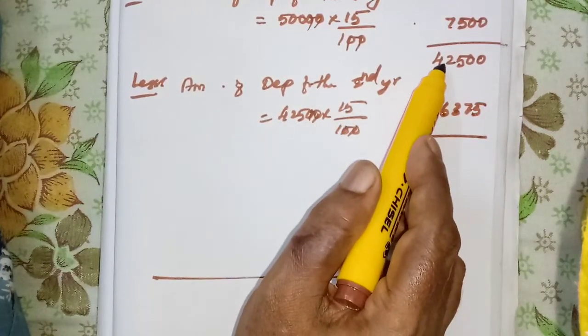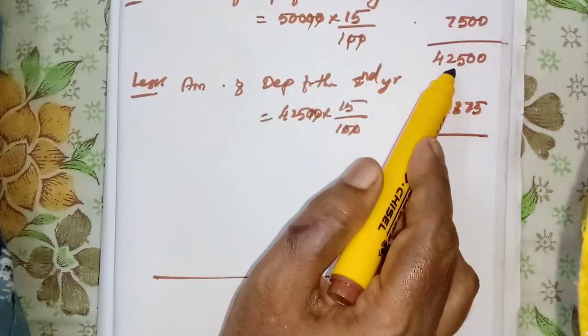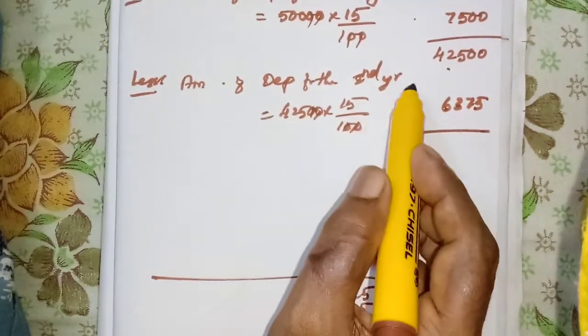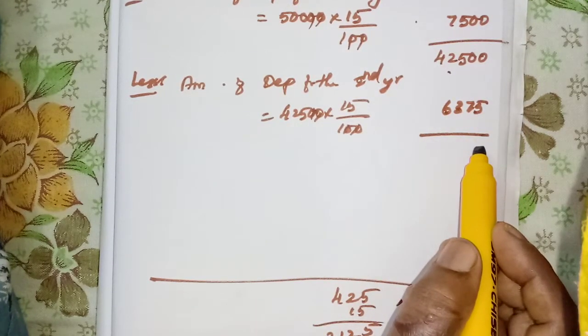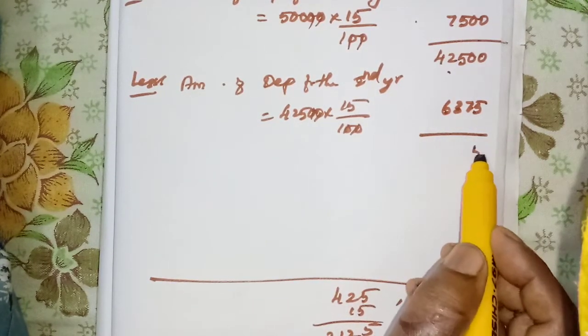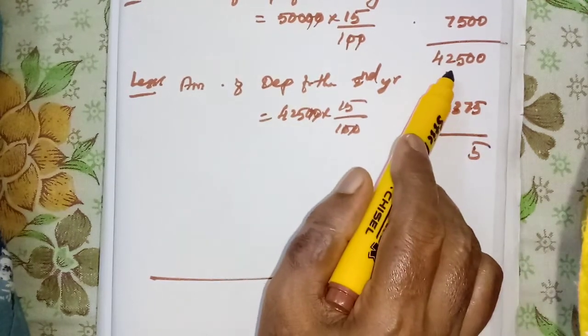We need to deduct this amount from this amount and we will get this amount. For that purpose only I have written like this. No need to calculate, or you can write the next year's value.